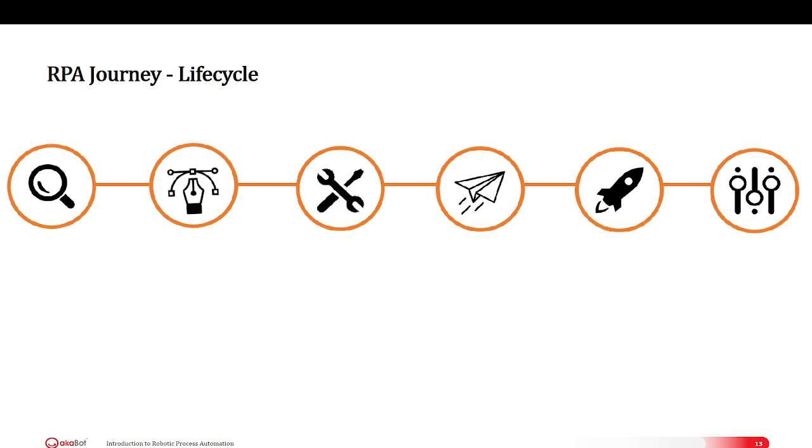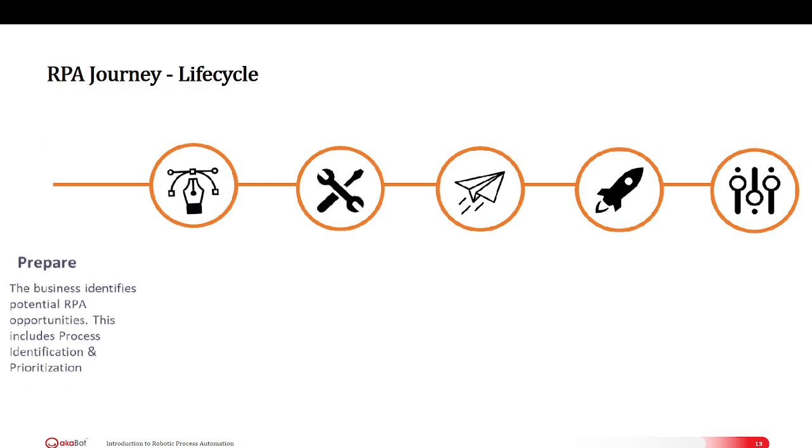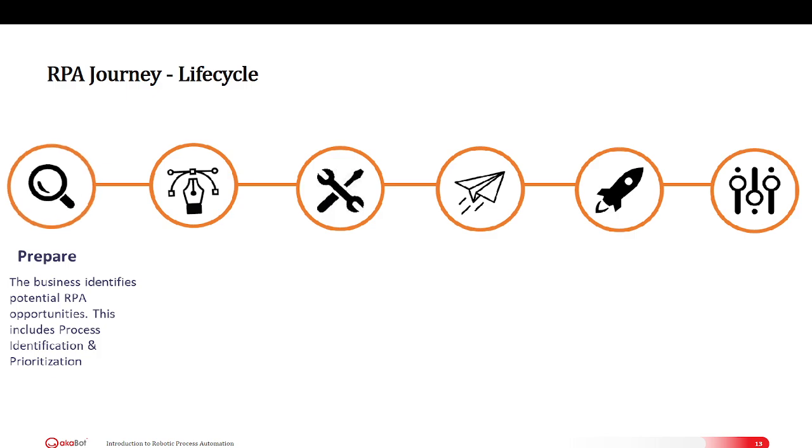I would like to tell you about the journey, the life cycle of RPA. First of all, we need to prepare. The business identifies potential RPA opportunities. This includes the identification and prioritization process.